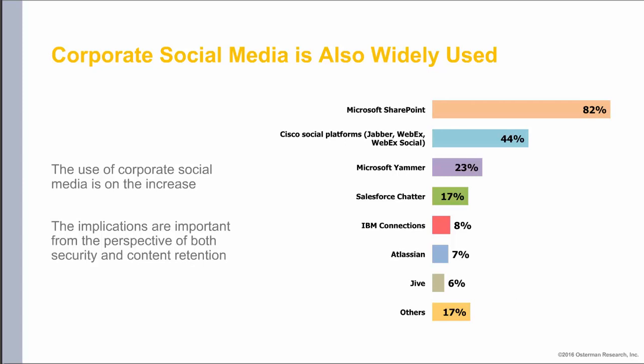And the implications of that really are quite important, both from the perspective of the security of the information that employees are sharing with others, that they're sharing internally, that they're gathering from social media, as well as the content retention, the need to preserve content that you're sharing in social media, that you're capturing, that you're generating, and so forth. So again, a lot of implications for both social media in the context of true enterprise-grade social media, as you see here, as well as the whole slew of about 1,000 other consumer social media properties.